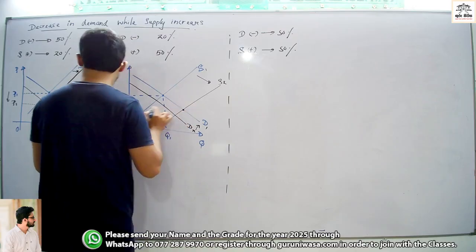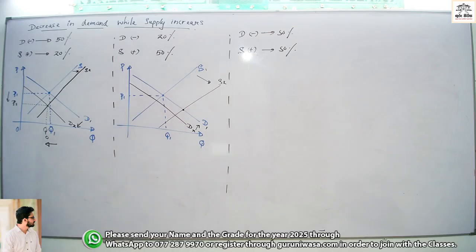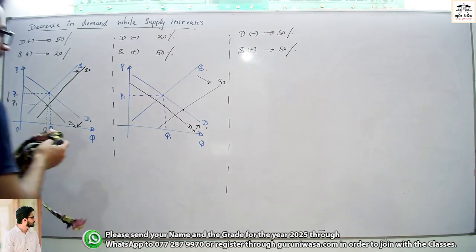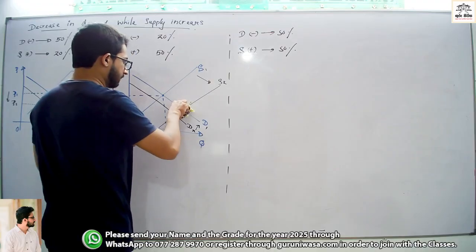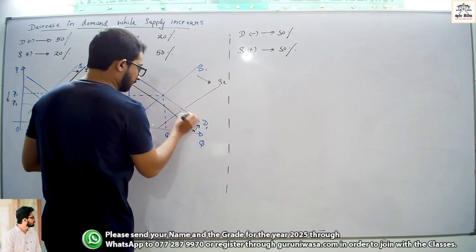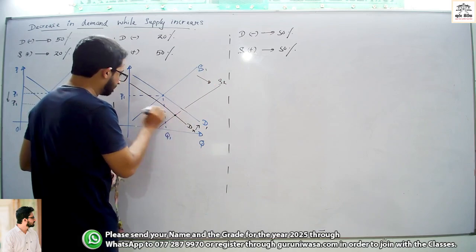Where's the new equilibrium? This is not the new equilibrium. The new supply curve and new demand curve intersect at this point.